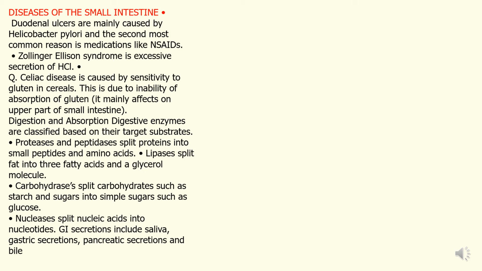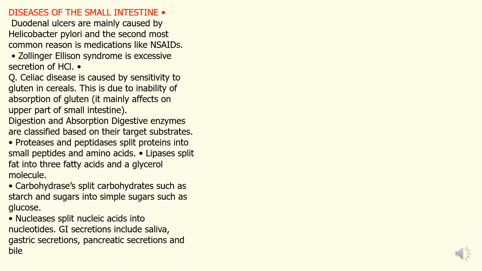Digestion and absorption. Digestive enzymes are classified based on their target substrates on which they are acting. Proteases and peptidases split the proteins into smaller peptides and amino acids. As we know, proteins are made up of amino acids. Lipases split fat into 3 fatty acid molecules and a glycerol molecule.